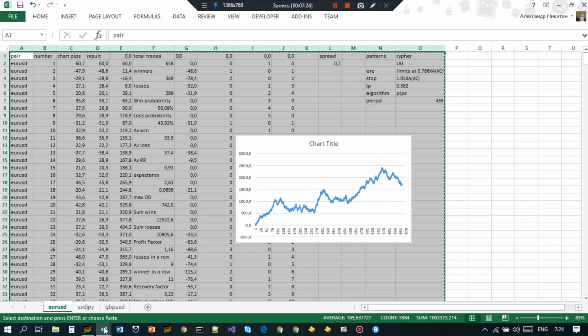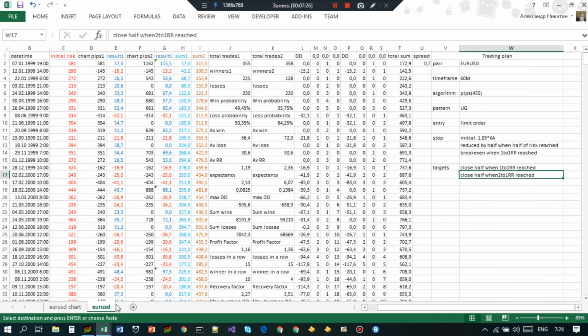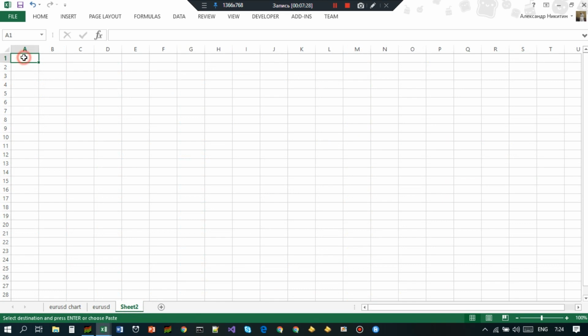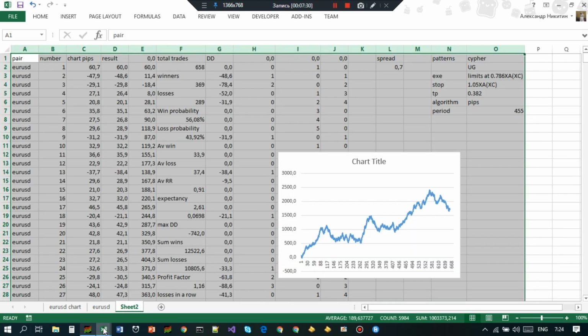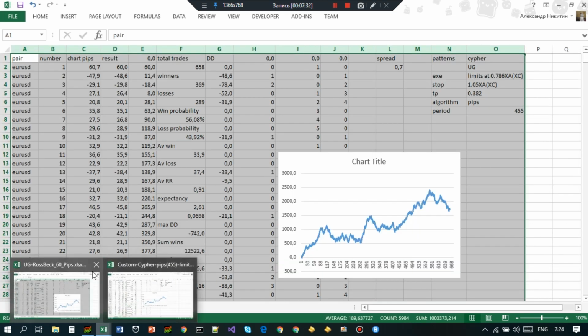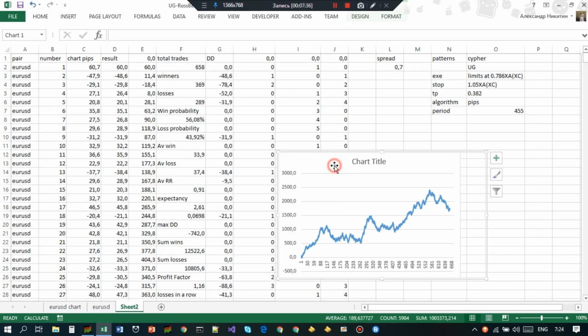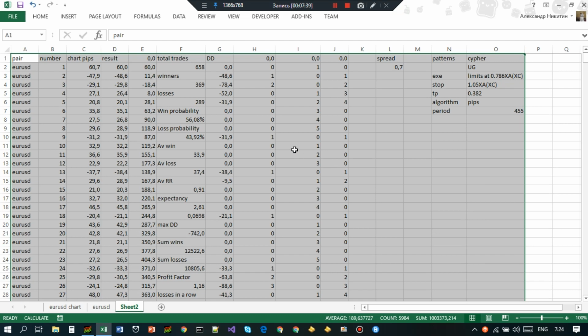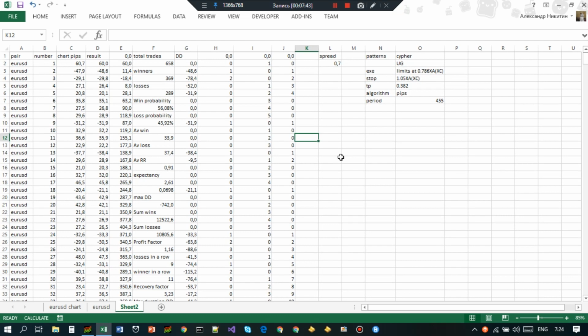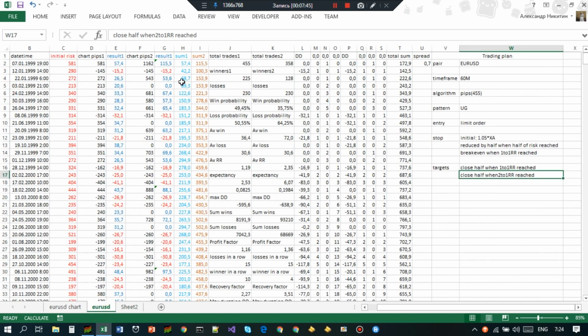So I'll copy this, go back to my current Excel spreadsheet, and simply paste it here. The chart, we don't need this chart. The only thing we need to do, I suppose, is to level the number of trades.